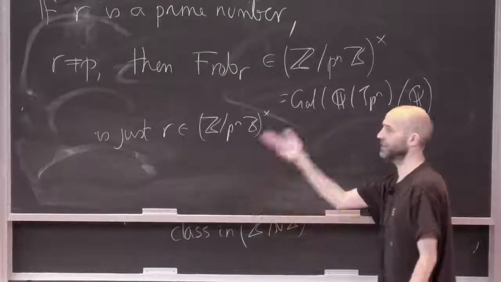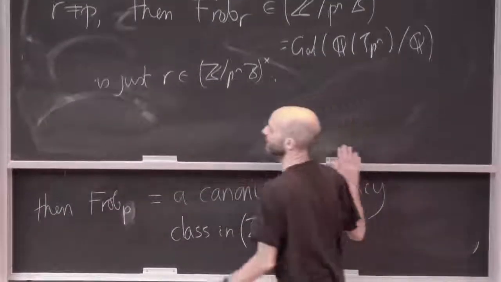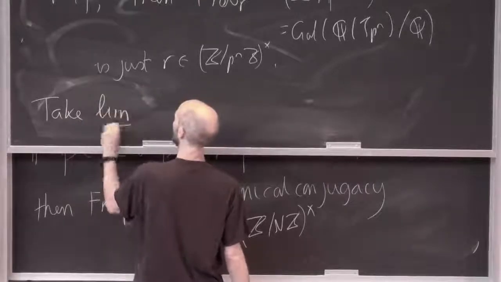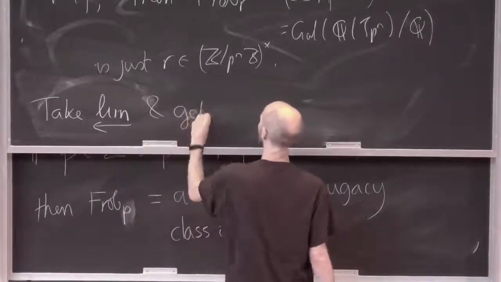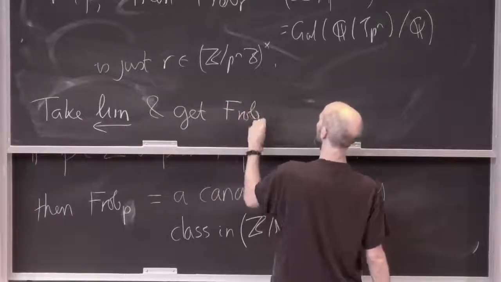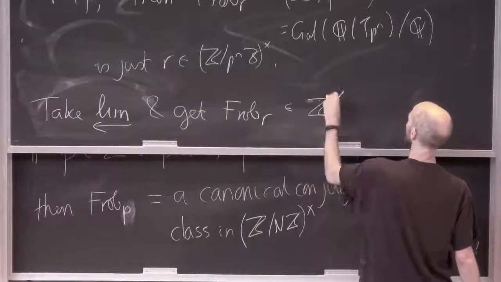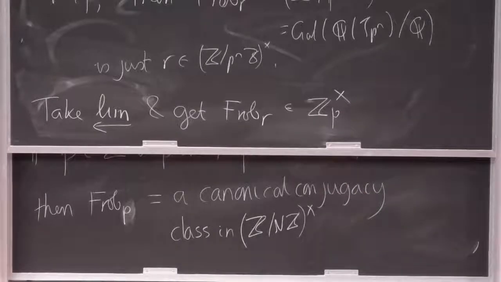And you see everything is compatible with projective limits. Take the limit. And we seem to have got frob R, which now lives in Z_P star, which is kind of cool.